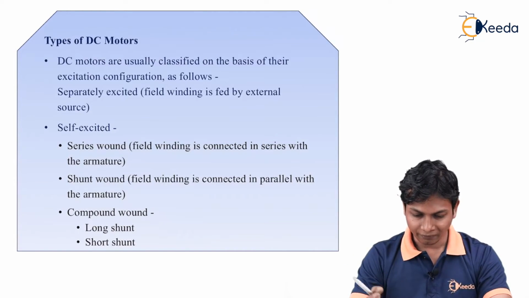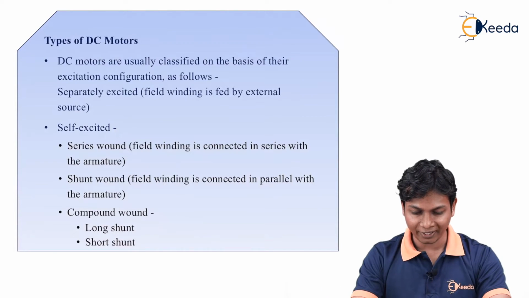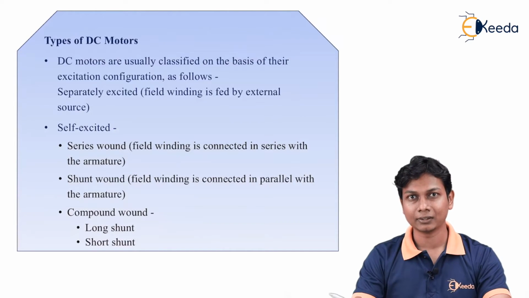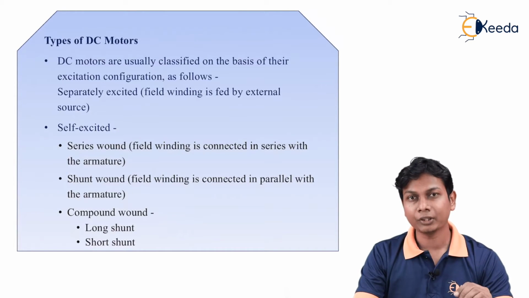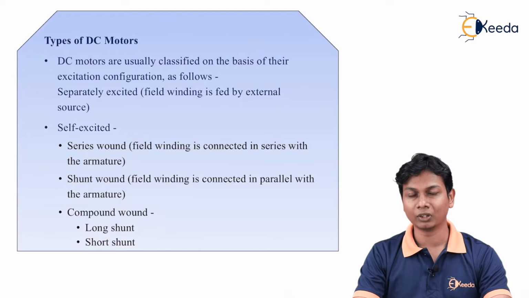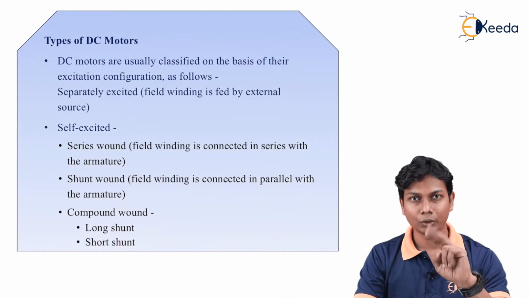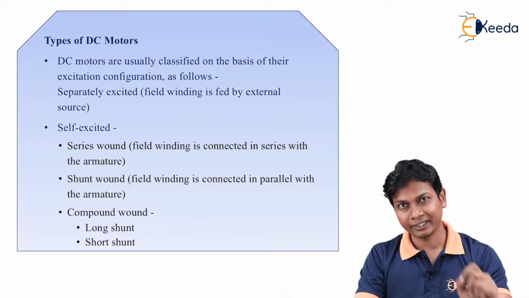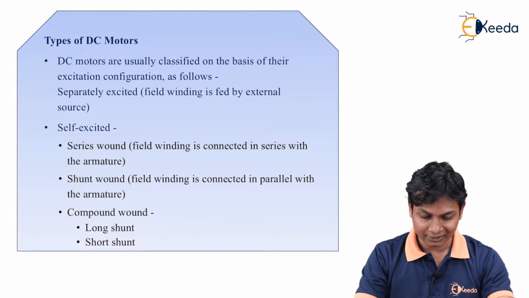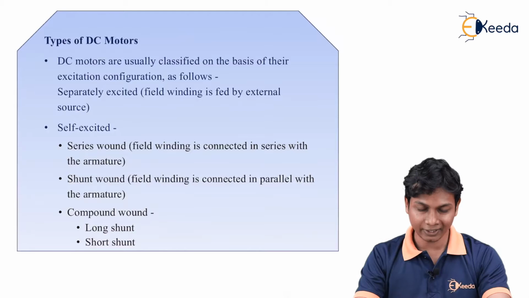The field winding is fed by an external source. Depending upon the excitation configuration, DC motors are divided into two types: one is the separately excited DC motor, and the other is the self-excited DC motor.